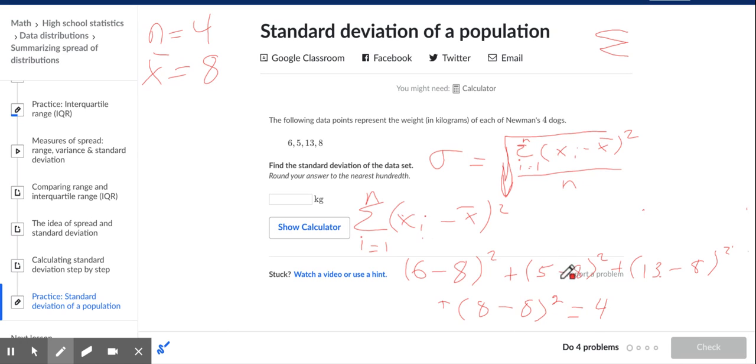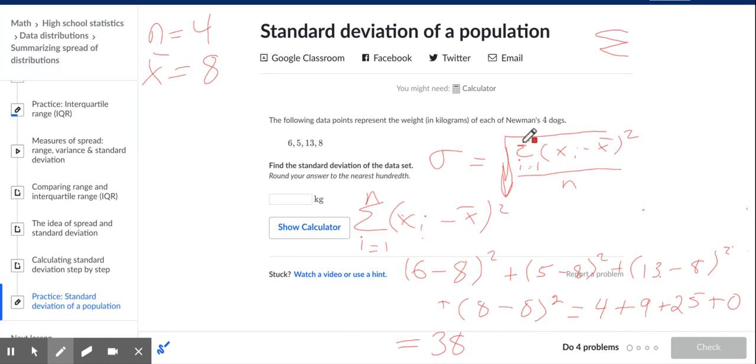Everything is going to end up being positive. 5 minus 8 is -3. -3 squared is 9. 13 minus 8 is 5. 5 squared is 25. 8 minus 8 is 0. 0 squared is 0. We can just not care about 0. 4 plus 9 plus 25 is 38. So that was the sum part.